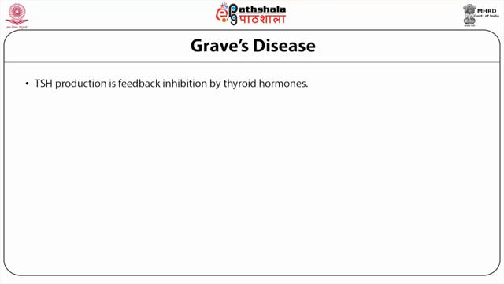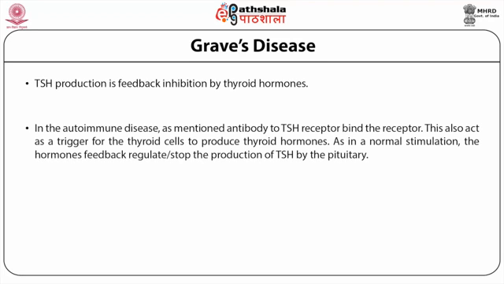TSH production is feedback inhibited by thyroid hormones. In an autoimmune disease like this, the autoantibody also acts as a trigger for the thyroid cells to produce thyroid hormones. As in normal stimulation, the hormones feedback regulate or stop the production of TSH by the pituitary.